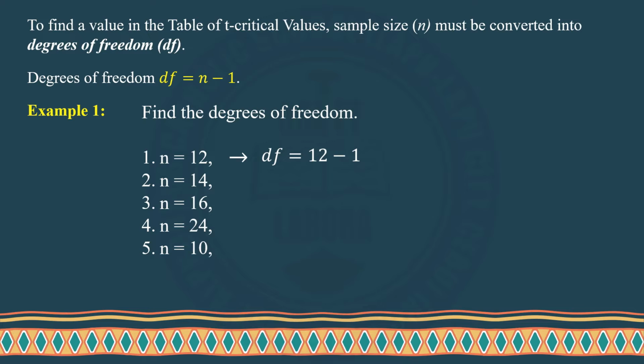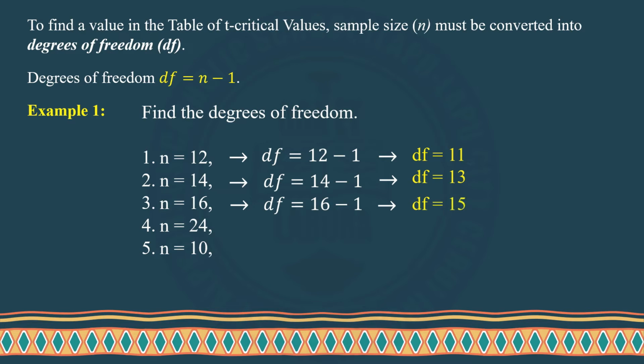So we have 12 minus 1, and the answer is equal to 11. For n is equal to 14, we have 14 minus 1, and it is equal to 13. For n is equal to 16, we have 16 minus 1, and the answer is equal to 15. For n is equal to 24, we have 24 minus 1, and the answer is equal to 23. And for n is equal to 10, we have the solution 10 minus 1, and the answer is equal to 9.